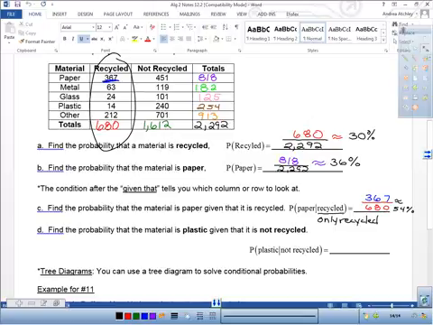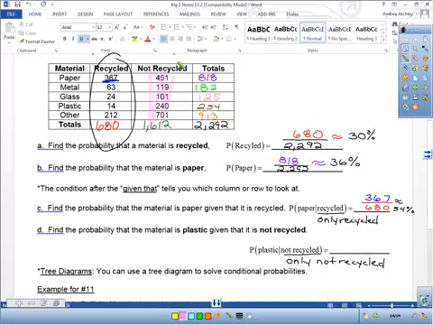Okay, then we're on the next one. Find the probability that the material is plastic given that it's not recycled. So again, we're only looking at the not recycled. So we're looking at this stuff right here. I'm going to highlight it. So that is 1,612, and then we want just the plastic.